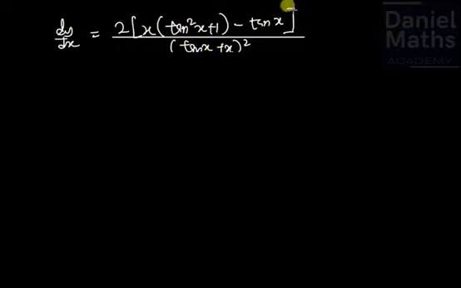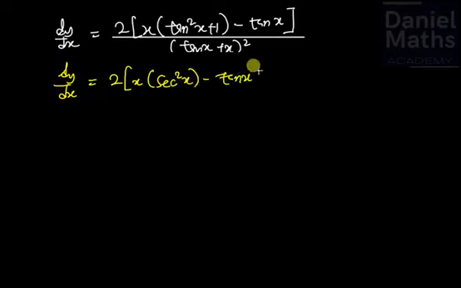Now if I go further, I have that dy upon dx is equal to 2 into x, and then don't forget that tan square x plus 1 is equal to sec square x, and then minus tan x here, then all of this is being divided by tan x plus x all raised to power 2.